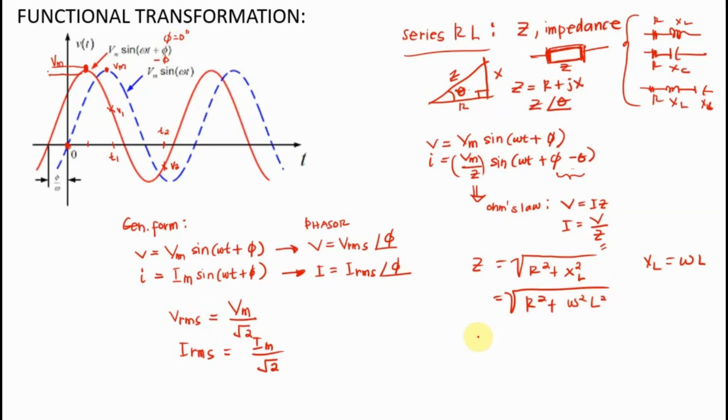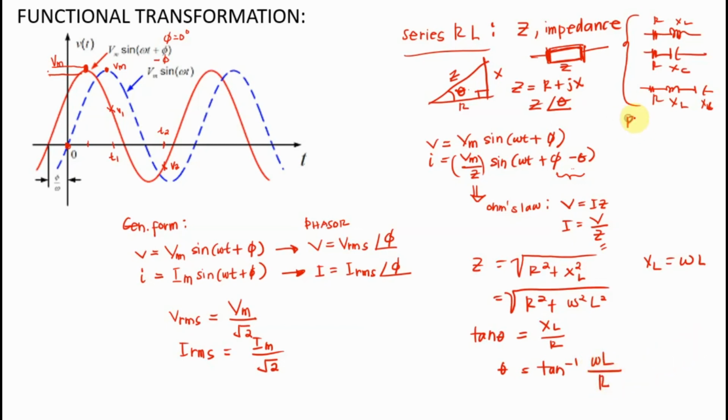And for the tangent, tangent theta equals XL over R, and we can get theta as an inverse tangent: since XL is omega L, theta equals inverse tangent of omega L over R.